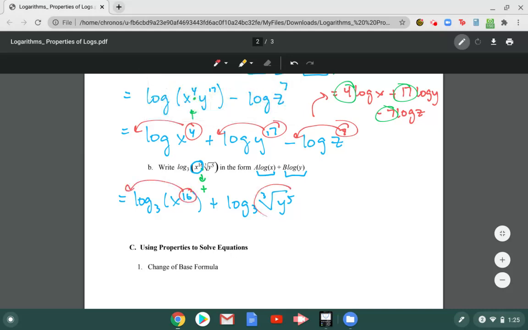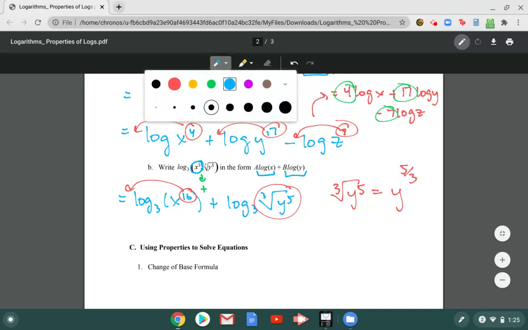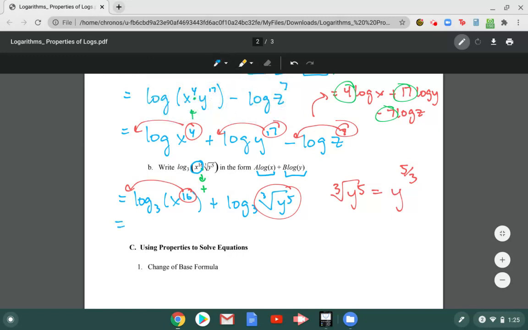For the second logarithm, I've got a power 5, but I've also got that root 3. I'm going to rewrite this. The cube root of y to the 5th can be rewritten using rational exponents, a fraction, 5 over 3. So let's go ahead and rewrite that as we go here. So for the first logarithm, I am going to bring the 16 out in front.